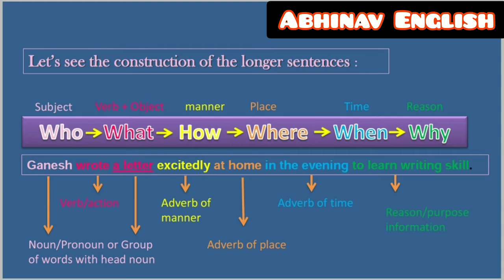So it is a very long sentence because it is stuffed with so much information like manner, place, time and reason of action. What is the action? That is our verb, wrote, in the what part, and about that action all extra information is given over there, and that's why the sentence has become somewhat longer.